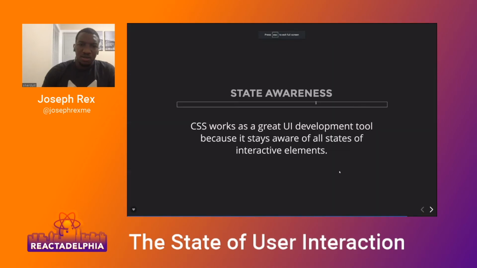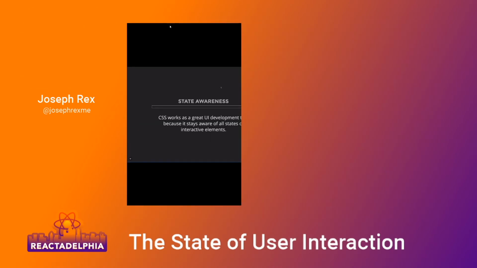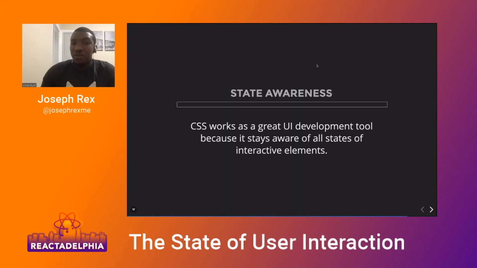Thank you. So yeah, just with CSS, you could do all of these things by being aware of the states. And I think one of the biggest takeaways that I want to give from this talk is that we are able to do so much with CSS, as simple as it seems, because CSS makes us aware of all the possible states we can use.